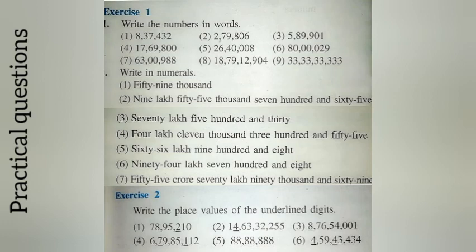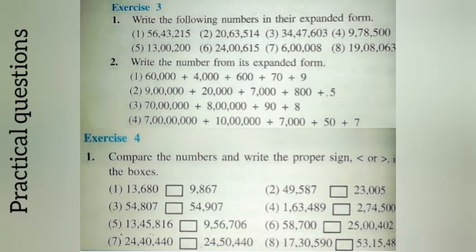How I taught you, for underlined digits, you have to find the figure, jot down and then write the figures. Exercise 3, write the following numbers in expanded form. Convert into expanded form. Write the number in its expanded form. Now these expanded forms you have to convert into the number.